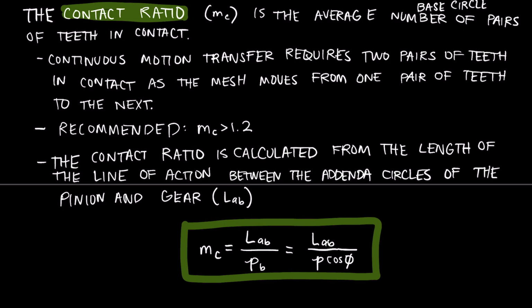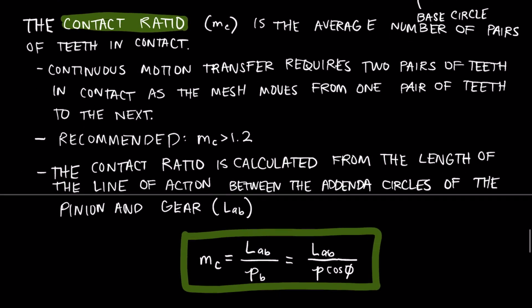Alright, so that's the contact ratio. It tells us the average number of pairs of teeth in contact at any given time.